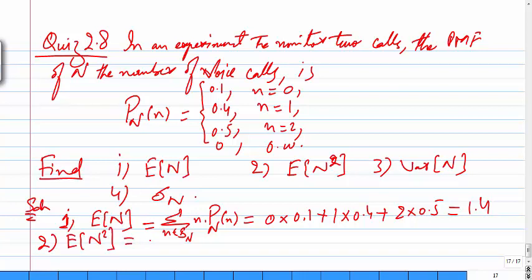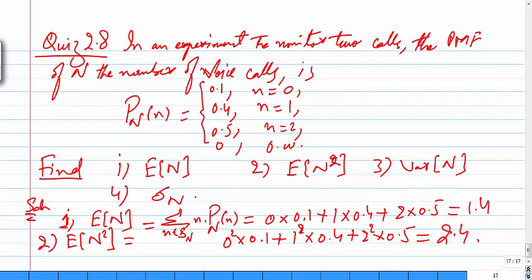Again, if we look at the formula, the only difference is we have to take the square this time. So in that case it becomes 0 square times 0.1 plus 1 square times 0.4 plus 2 square times 0.5. So this is 0 again, this is 0.4, this is 2. In that case this becomes 2.4.